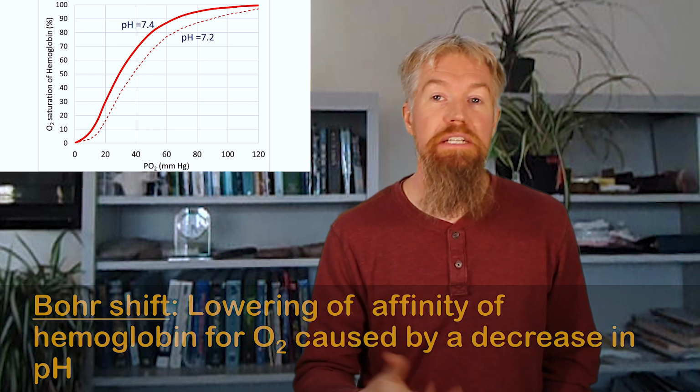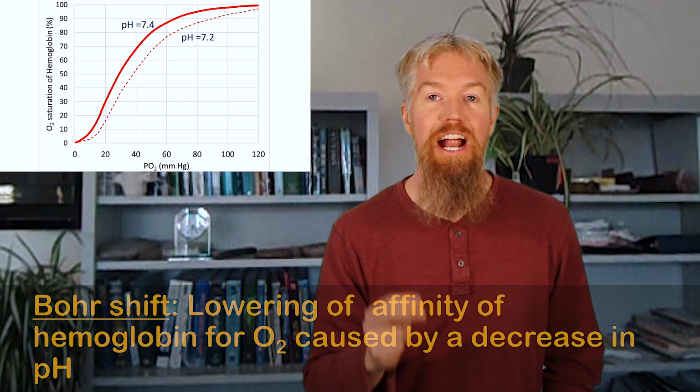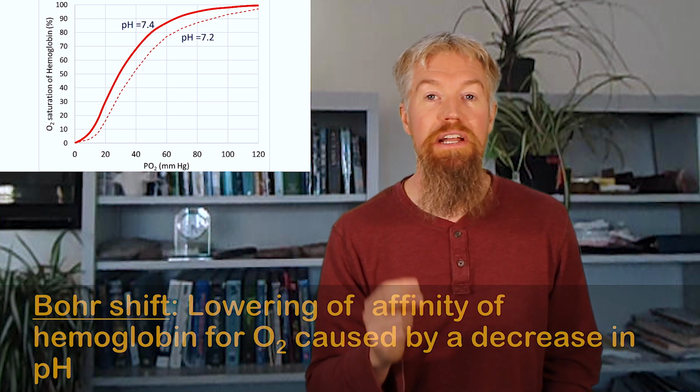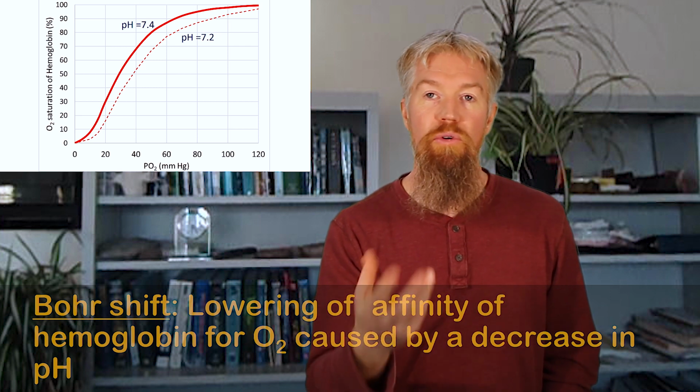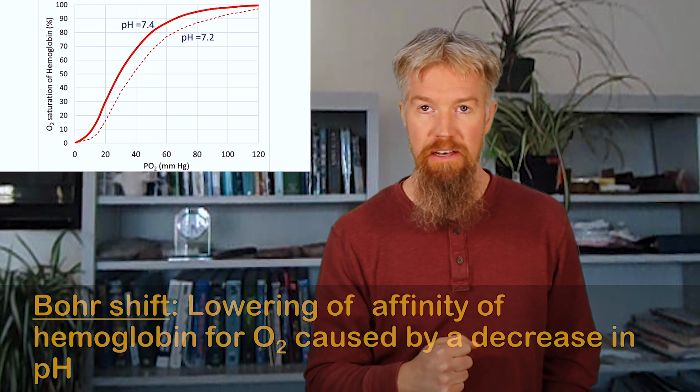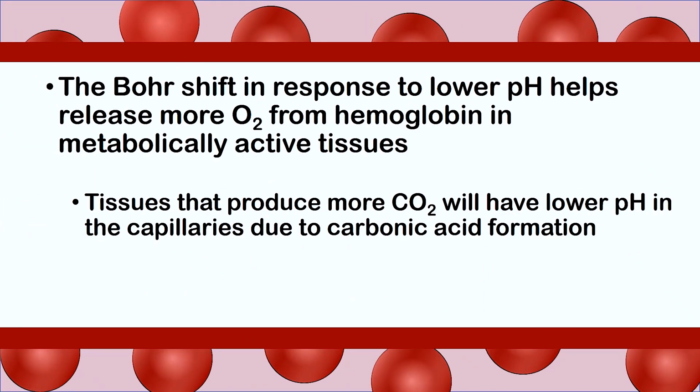This happens because in areas that are producing large amounts of carbon dioxide due to cellular respiration, that carbon dioxide will form carbonic acid. The Bohr shift in response to lower pH helps release more oxygen from hemoglobin in metabolically active tissues. These tissues that produce more carbon dioxide will therefore have a lower pH in the capillaries due to that formation of carbonic acid.